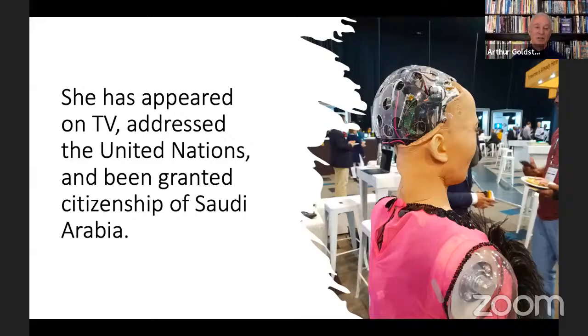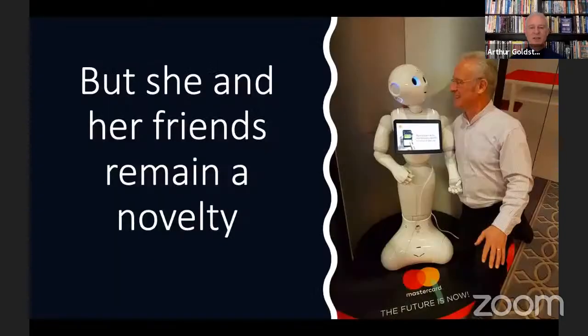So she's appeared on TV, addressed the UN, been granted citizenship of Saudi Arabia, but she and her friends like Pepper remain a novelty. That's a photo from my honeymoon with Pepper when I first met him/her in Budapest a few years ago. And I said to Pepper, hello, Pepper. And Pepper said, hello, human.